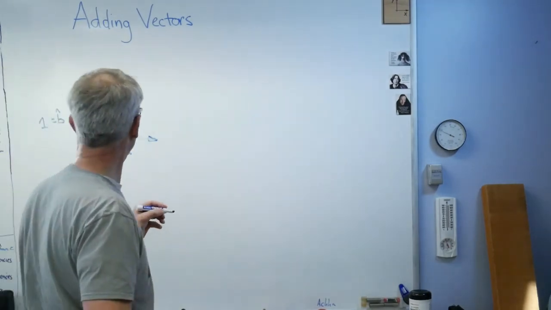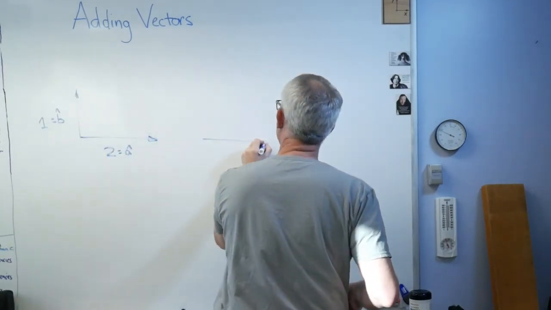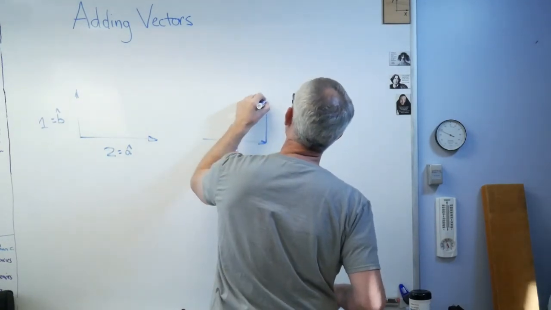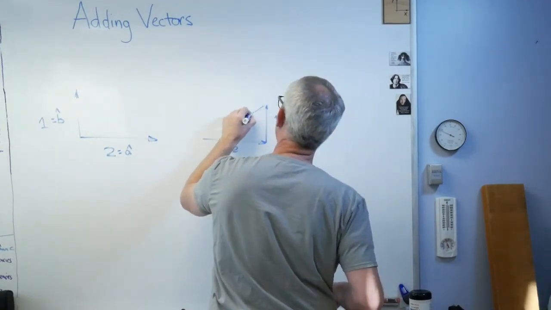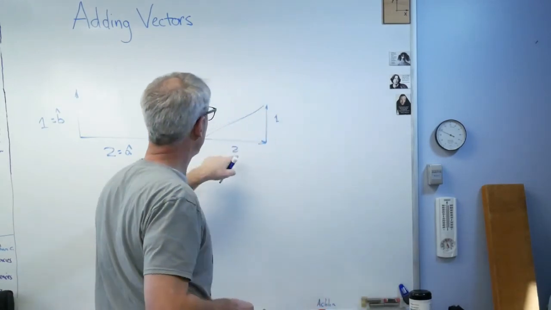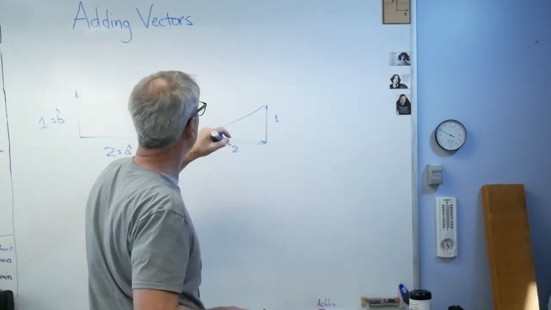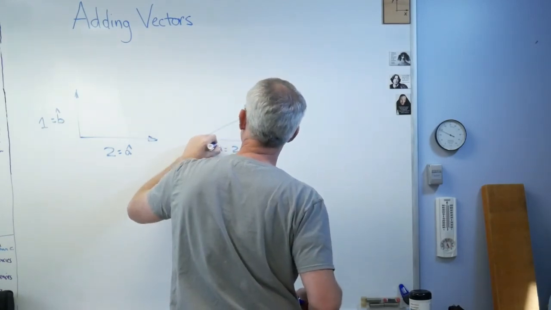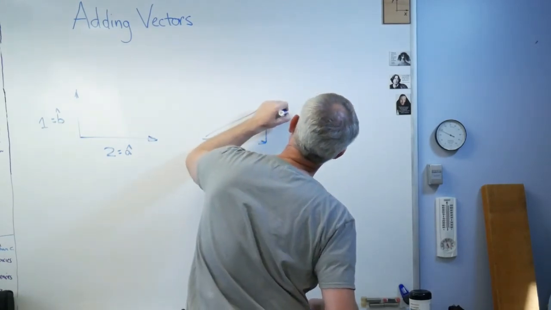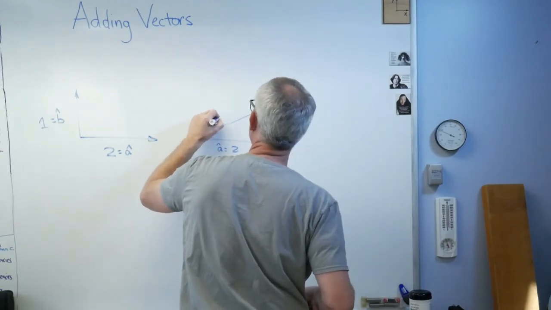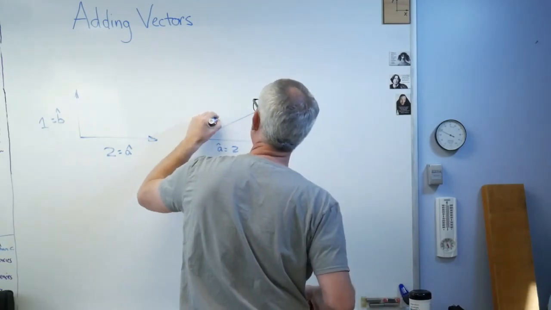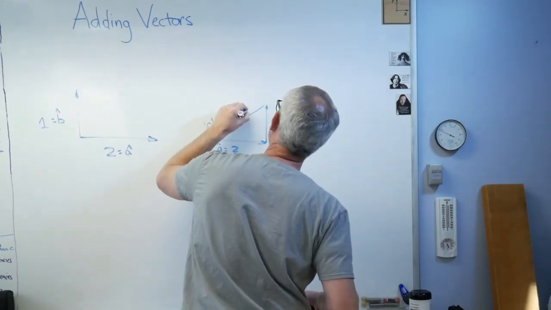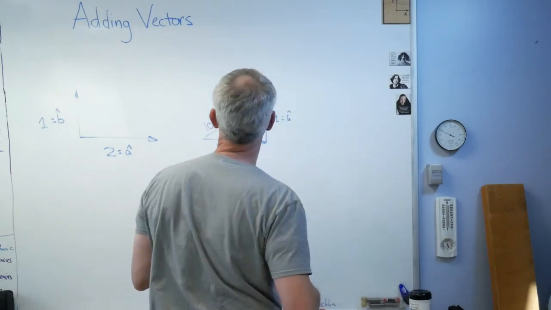Well, what I can do here is go over 2, up 1. That is going to be the square root of 2 squared plus 1 squared. I'll call that A, B, C. The magnitude of C anyway, is going to be the square root of 2 squared plus 1 squared, equals the square root of 5.